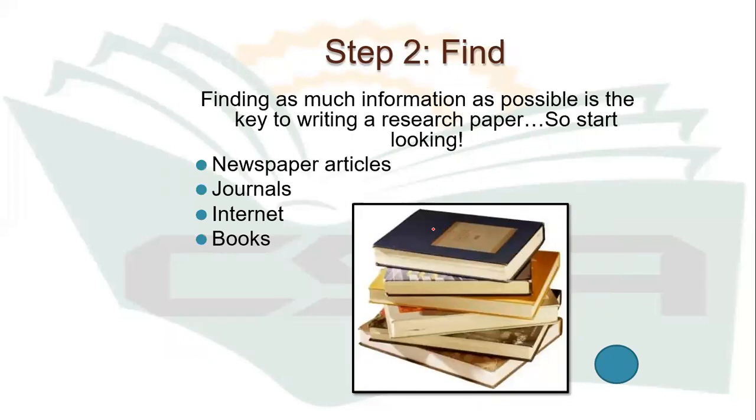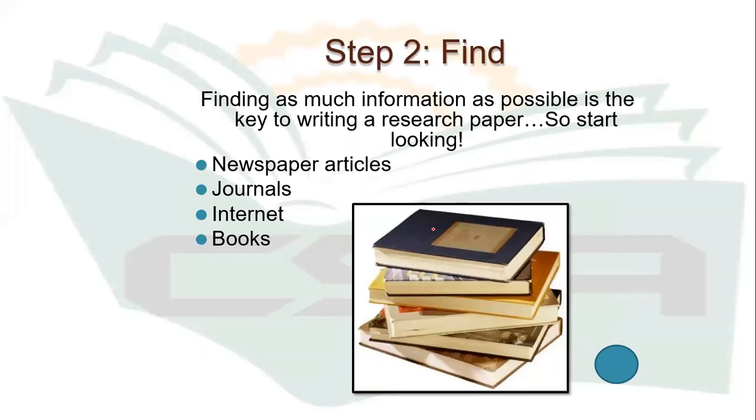In the second step, I will find information. Finding as much information as possible is the key to writing a research paper. So start looking. There are some sources from where I can get my information. As in the previous lectures, I guided you that we will extract our data from research articles or different scientific books.